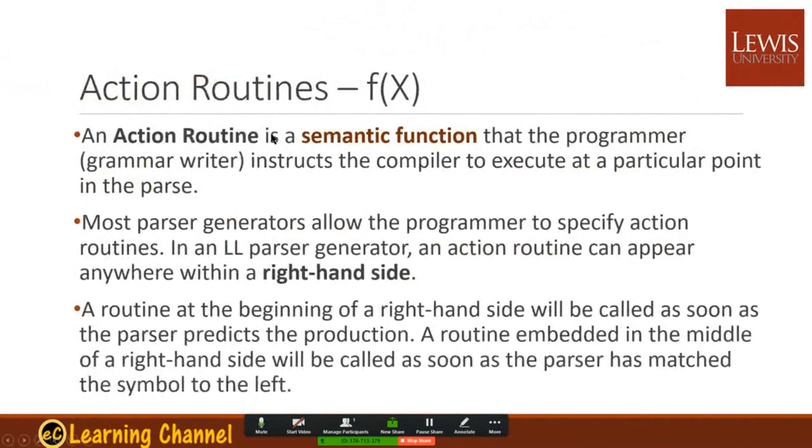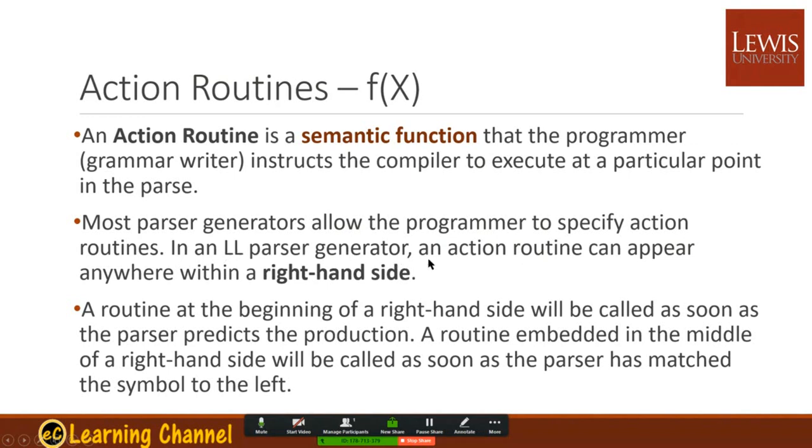Action routine f of x is actually a semantic function that allows you to do evaluation, and the programmer instructs the compiler to execute it at a particular point in the parsing. Most parser generators allow the programmer to specify action routines.